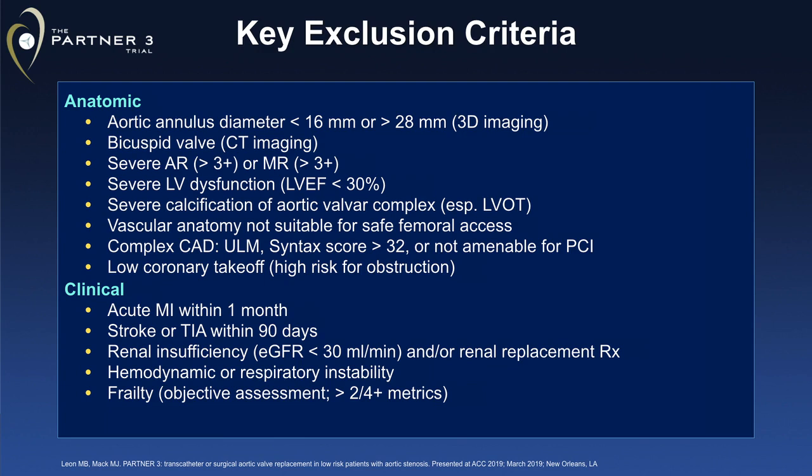So every one of these patients gets a CT scan, and that looks at the valve, it looks at the aorta, and it looks all the way down into the blood vessels in the leg, because like I said, the procedure is done through the groin, and it's a huge delivery system, so we need an adequate, healthy, adequate size, straightforward artery that's not overly tortuous. So if they did not have the vascular anatomy that we need to perform the procedure, they were excluded.